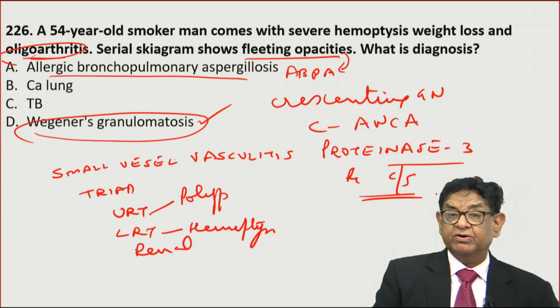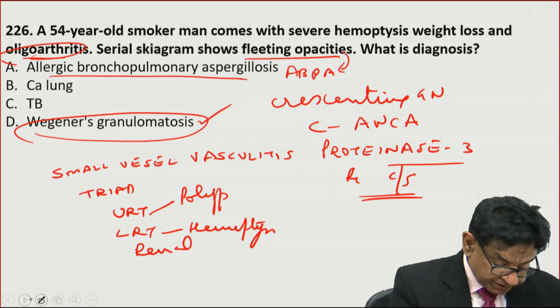Okay, now again a rank number 1 question. Suppose there is one patient of Wegener's granulomatosis. The patient comes and sits in front of you, just tells the history. The moment he starts telling the history, you diagnose he's a case of Wegener's. What are the findings that you are looking at in his face or mouth, whatever you want, which point out that you are dealing with Wegener's granulomatosis?